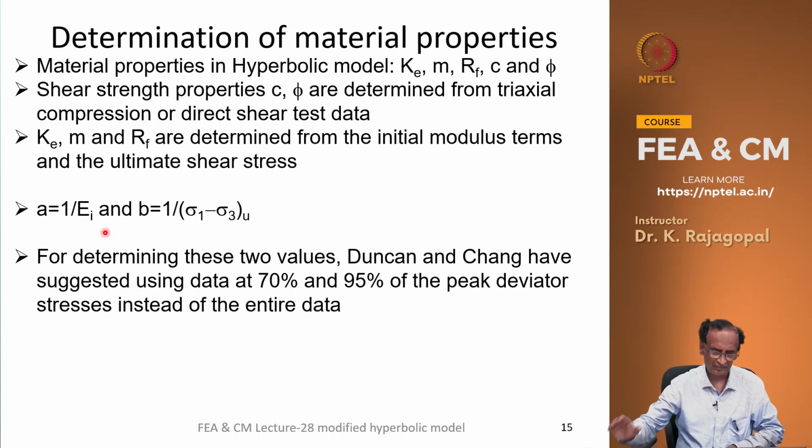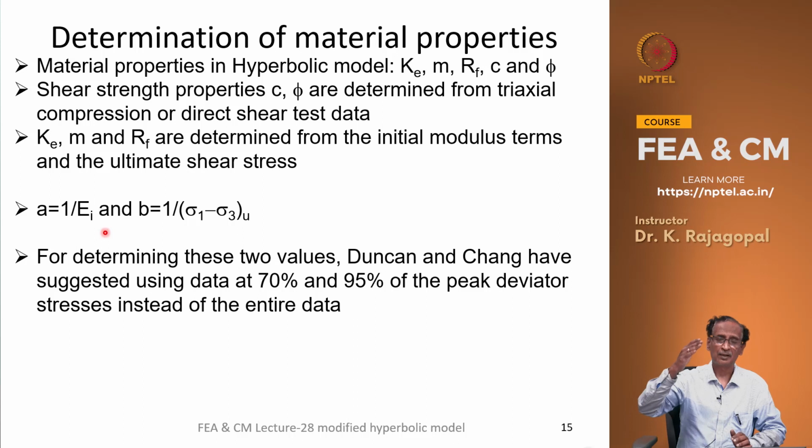Basically, we have seen a graph between epsilon and epsilon by sigma 1 minus sigma 3, and we said that for a truly hyperbolic behavior, that graph is a straight line.